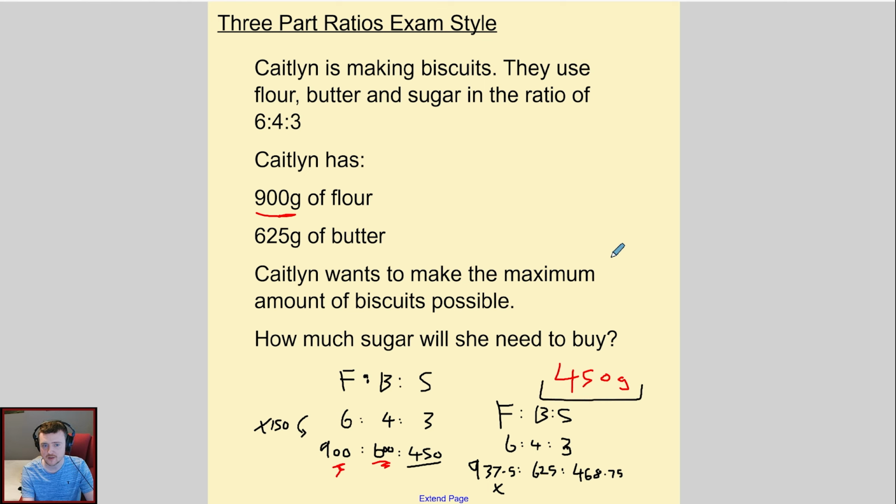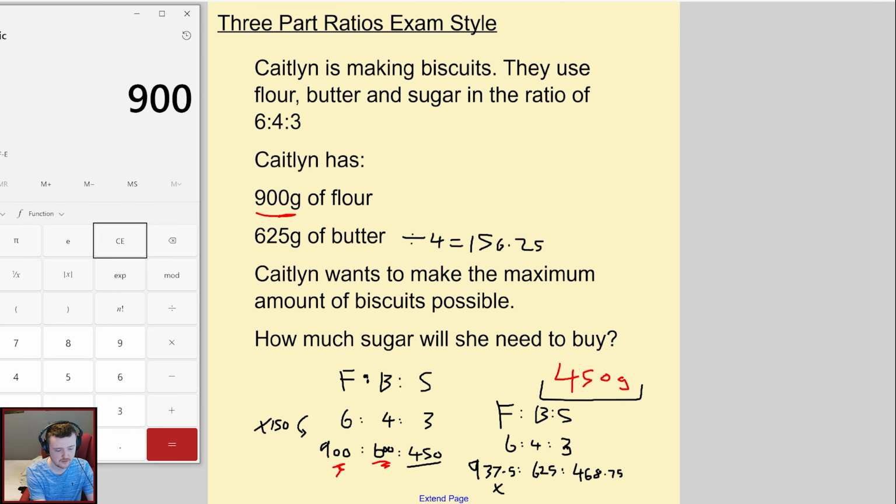That is the answer we're looking for, okay? That is how you have to prove it as well. The flour is the limiting factor. The way that I can prove that if I need to do it is I can say, okay, well, 625 divided by 4 is 156.25.